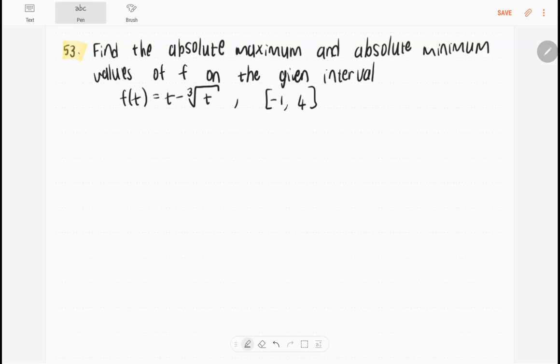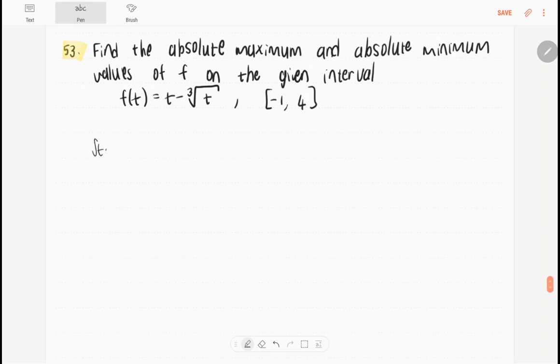The last one we're looking at is number 53. It says find the absolute maximum and absolute minimum values of f on the given interval. f of t equals t minus the cube root of t, and it's on the interval from minus 1 to 4, the closed interval. So you have some steps that you have to follow in problems like this. The first step is we want to find the critical values, and then find the values of f at those critical values.